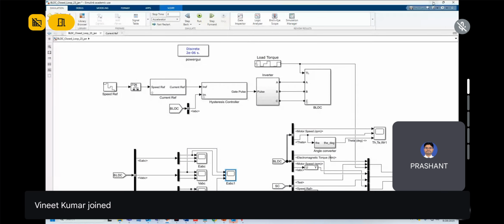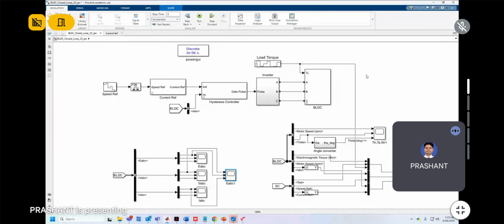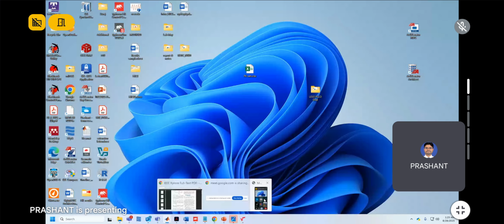Now, see, in this system, I am using Hall sensor signals. As I explained, for these systems I am using some disk. Over the disk I am fixing three sensors exactly 120 degrees electrically apart.